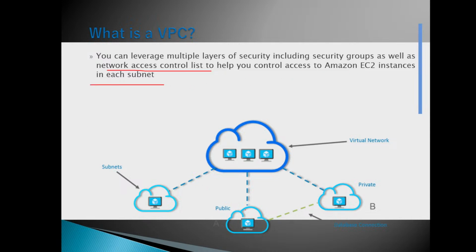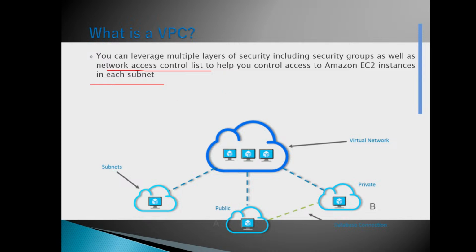We'll talk about this in detail: what is a subnet, what is a private and public network. But we have to understand that we can control the security more. If we are creating our own VPC, we have good control over our network from a security point of view.